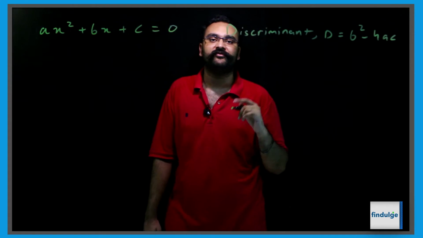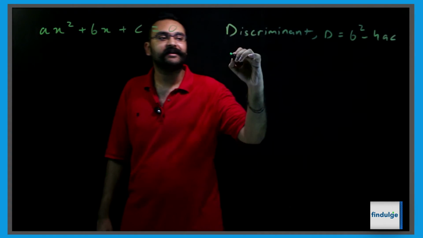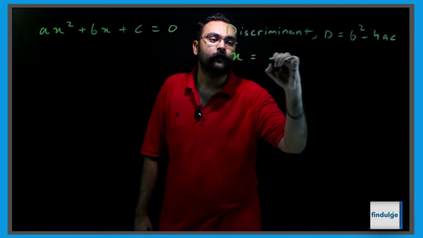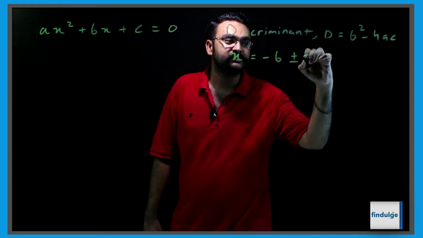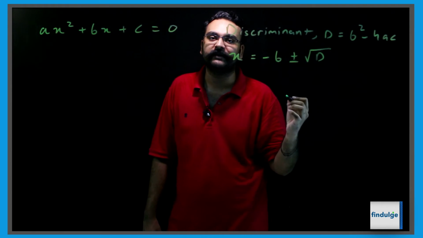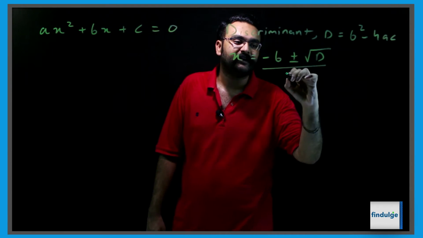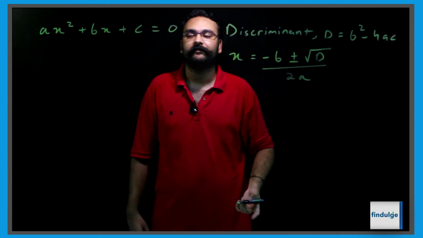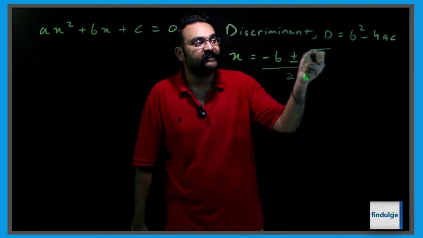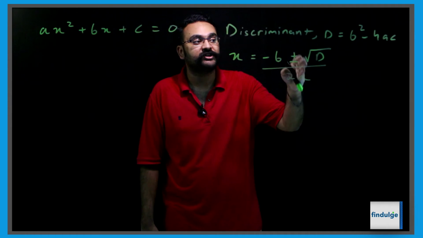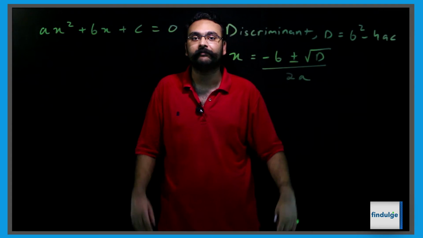If it comes out to be negative, you will simply say that the equation has no real roots. Why? Because the formula is that x is equal to minus b plus minus the square root of the discriminant divided by 2 times a, the coefficient of x squared. Clearly, if d is a negative number, we are trying to find the square root of a negative number.